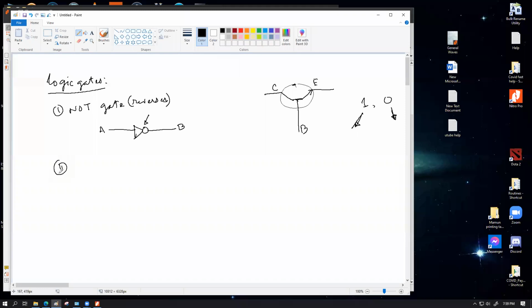The second gate that we have to understand is called the OR gate. OR gate means either input 1 gives 1 output. The name itself says OR gate, which means either one would do.